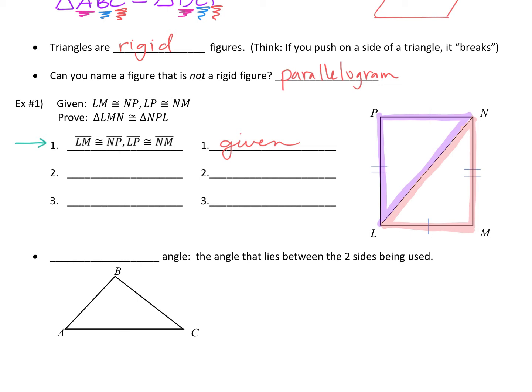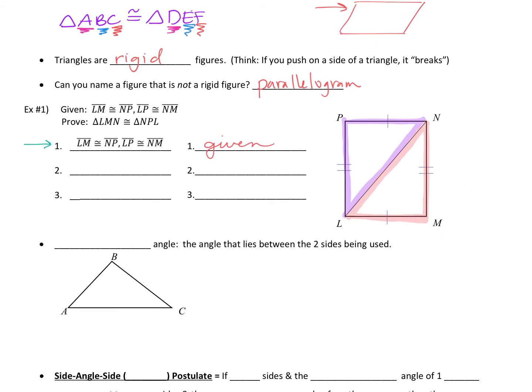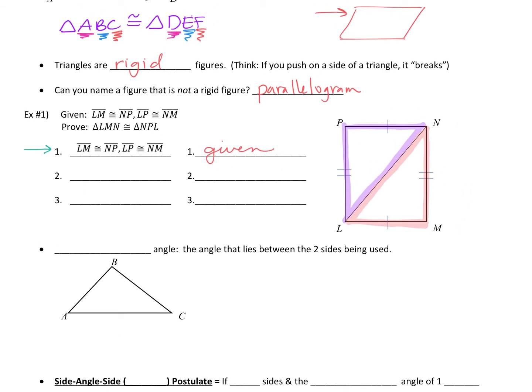Yes. How? Because right there it says LM is congruent to PN. So we know those 2 are congruent. Okay. And we know NM is congruent to PL. So they told us this, right? This was our given information. These are congruent, and those are congruent. So we have two of the sides given to us that are congruent.